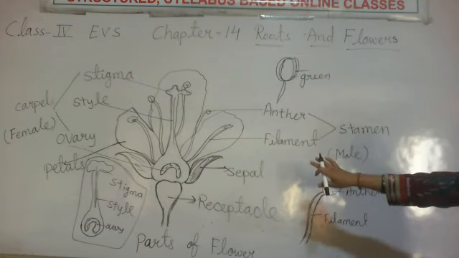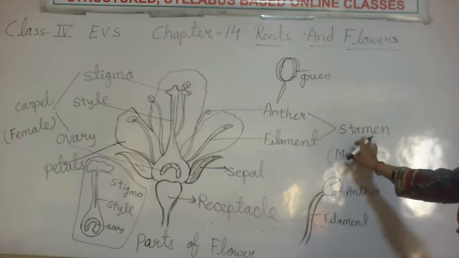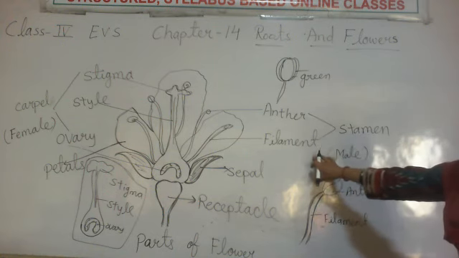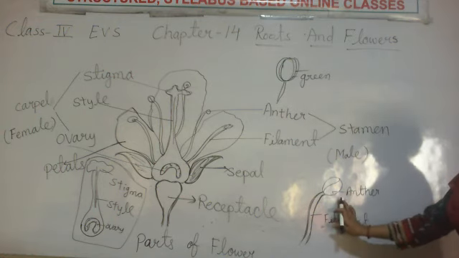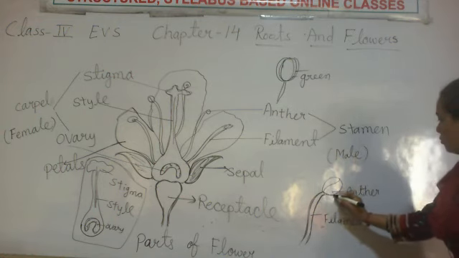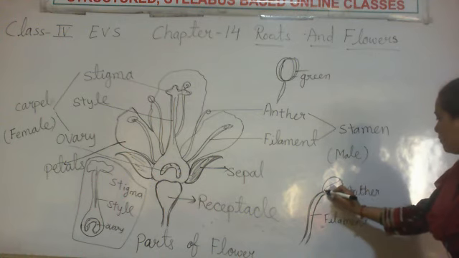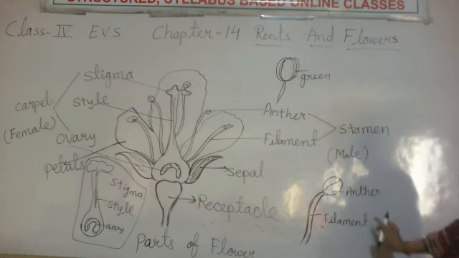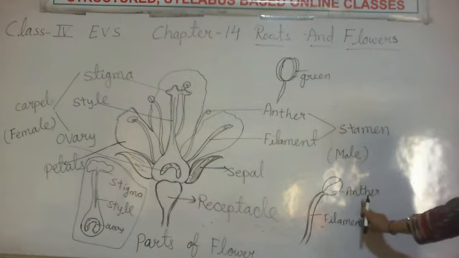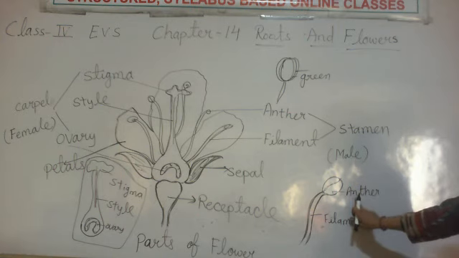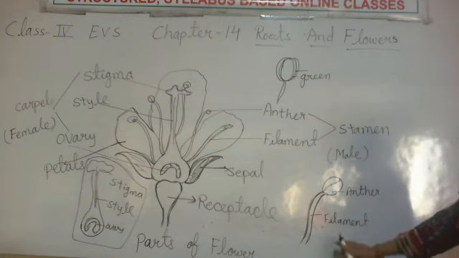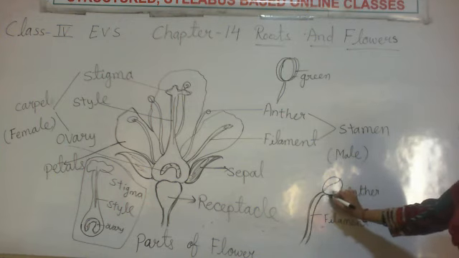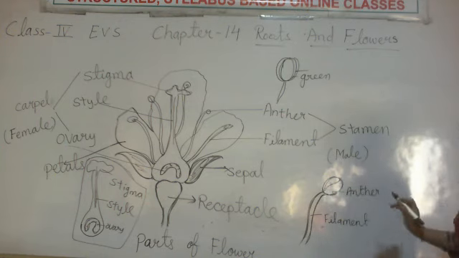Now if we divide stamen, we will see two parts. Here I already drew for you a separate picture of the stamen. So we found two parts in the stamen, anther and filament. Tube-like structure is called filament and this bud-like structure is called anther.